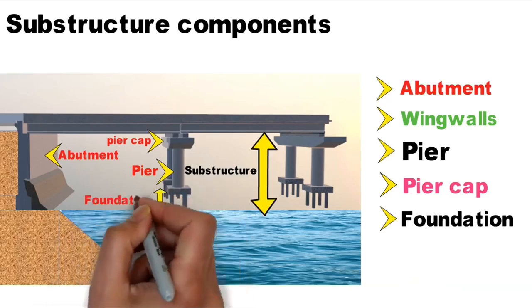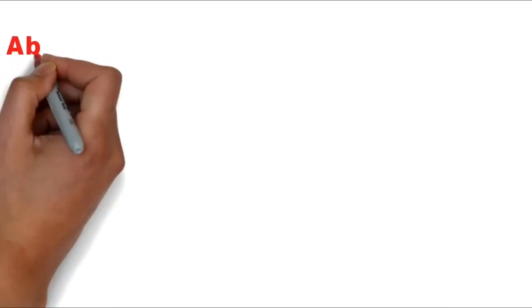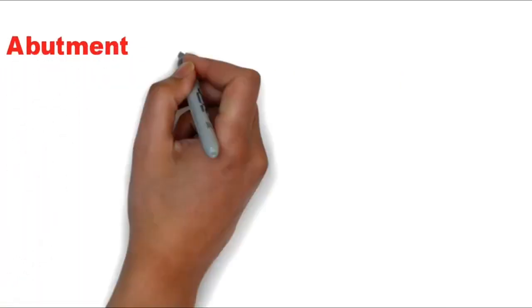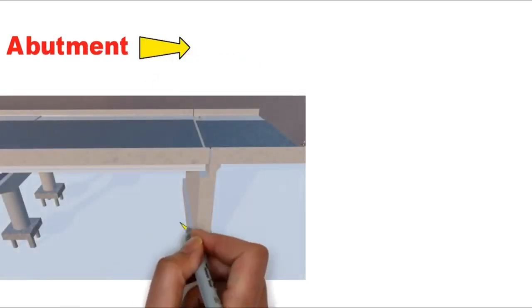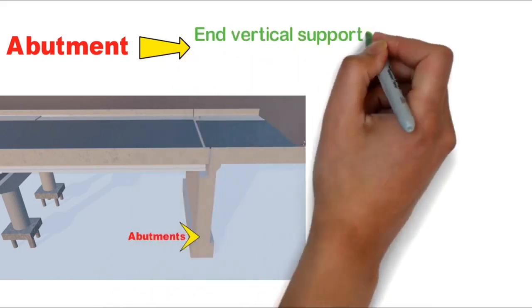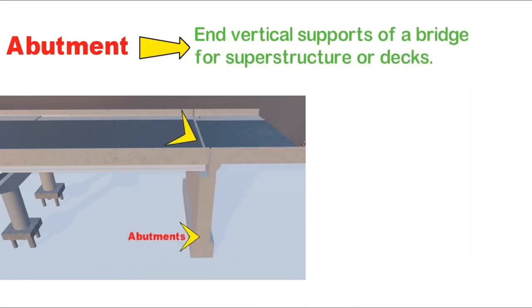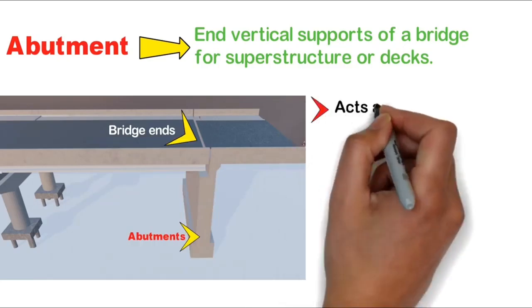First, we will have a discussion about the abutment. What is an abutment? Just go through this picture. This is the abutment. The end vertical support of a bridge for the superstructure or deck is called an abutment. This is the bridge end, and the abutment acts as a roadway approach.